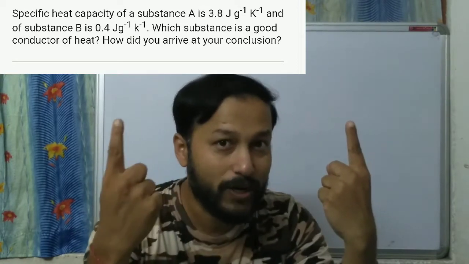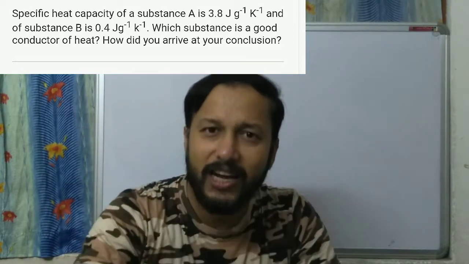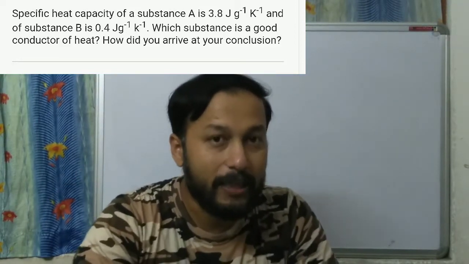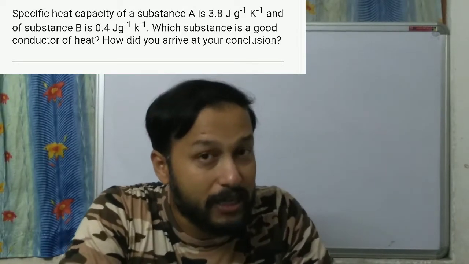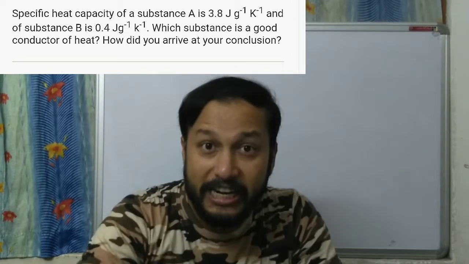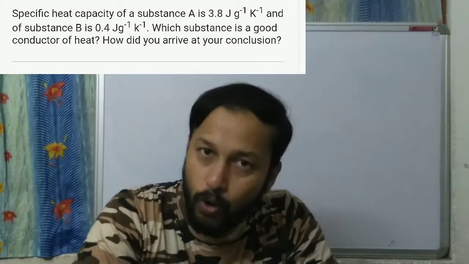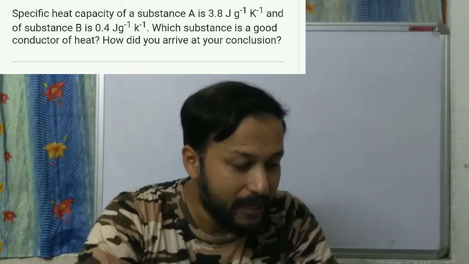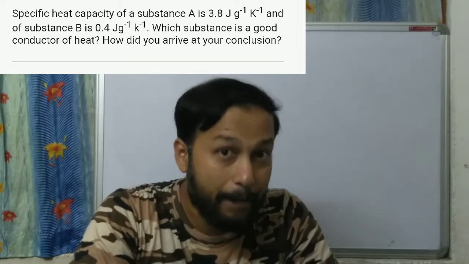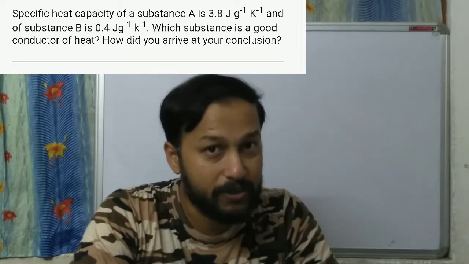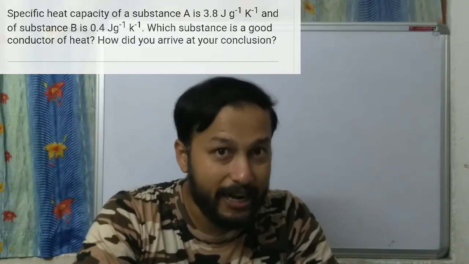Yes, B is the good conductor of heat, because B's specific heat capacity is less than A's. Since its specific heat capacity is less, it will get heated faster and it will get cool faster. So B is the good conductor of heat because its specific heat capacity is less than that of A. Understood?